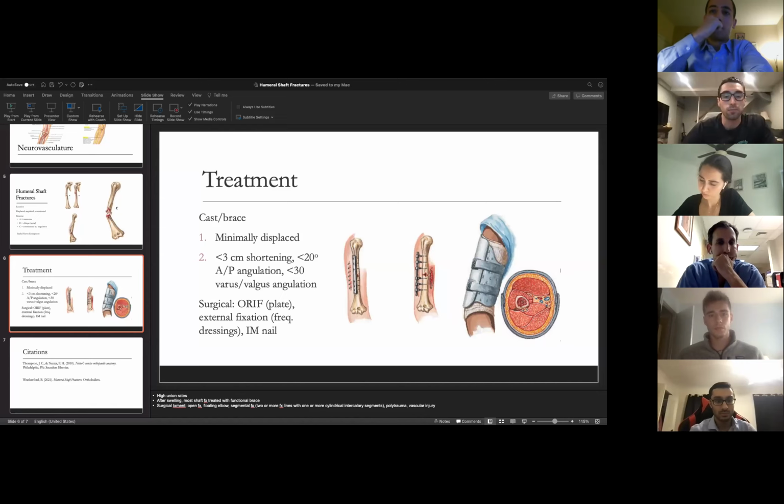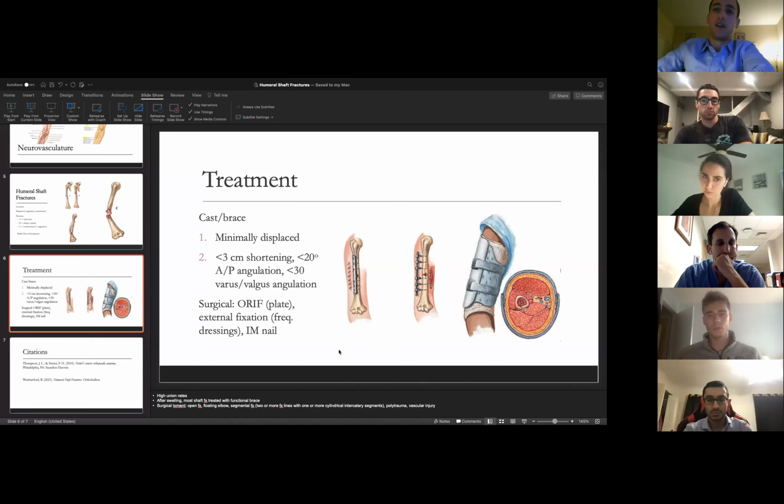So, okay. You brought up these guidelines for treatment, which were exactly correct, and those are the guidelines that people go off of. I think it's important to realize that even though the human mind wants to have classification systems that decide how to treat something one way or the other, it's not always based on very hard science.